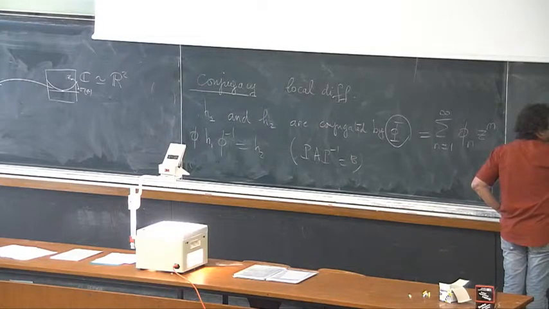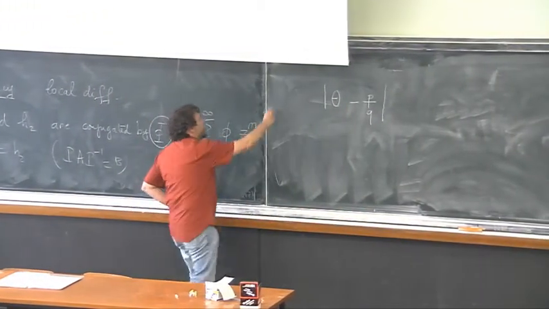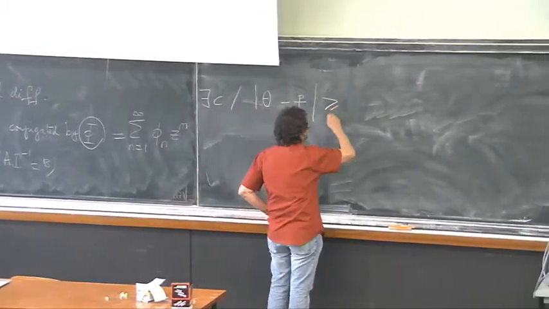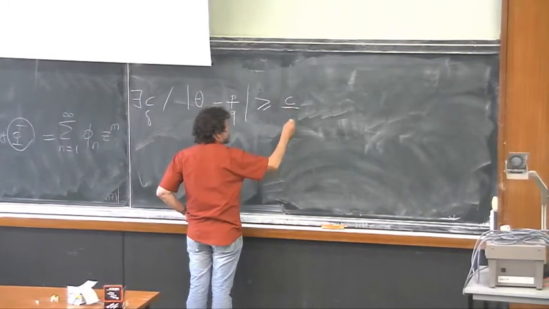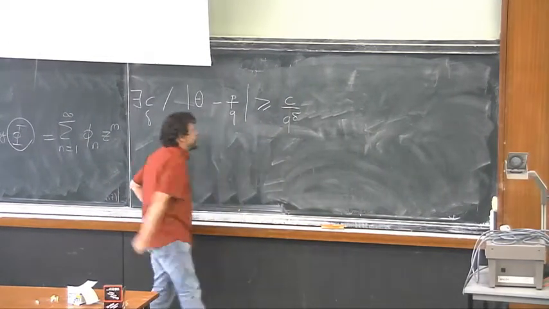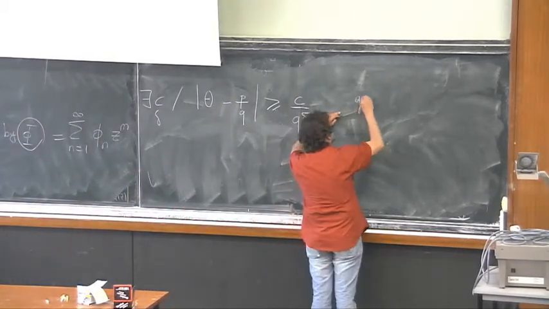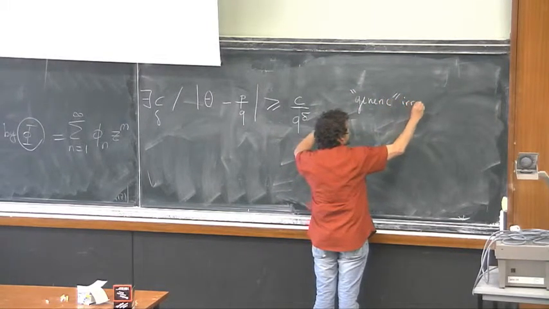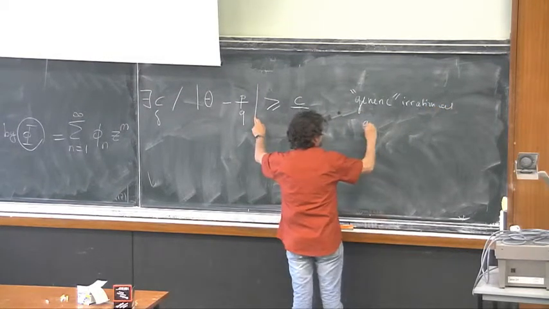You take approximation by a rational number, and you want that there exist two constants such that you have something like this. And a generic irrational is of this type.